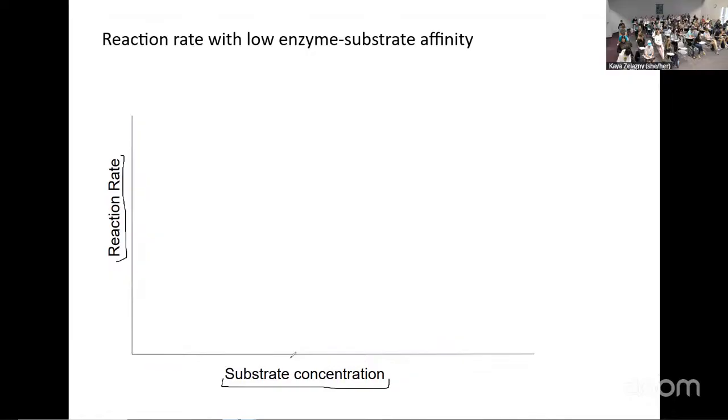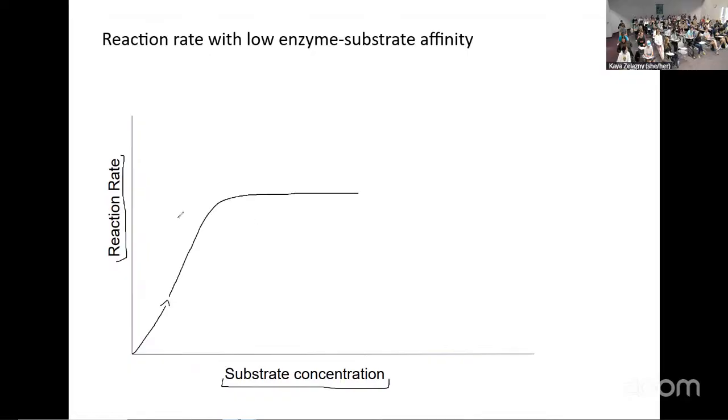So one thing that's true is if you have more substrate, so more reactants, so long as you have enough enzyme, that's going to raise your reaction rate, right? So as substrate concentration goes up, as long as there's enough enzyme to catalyze the reaction, our reaction rate goes up. Now, eventually, we're going to level off at some point, right?